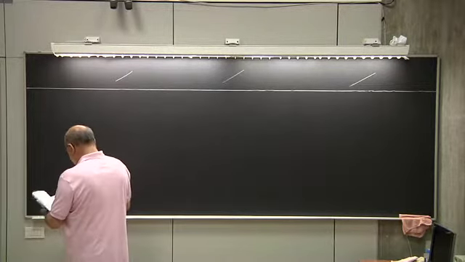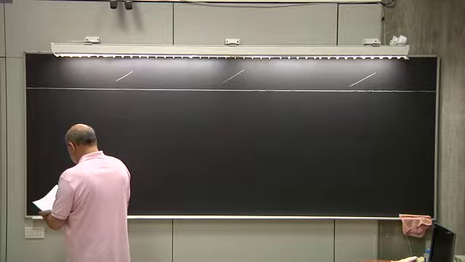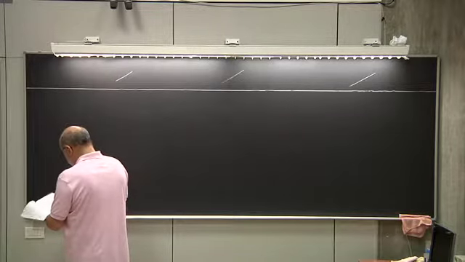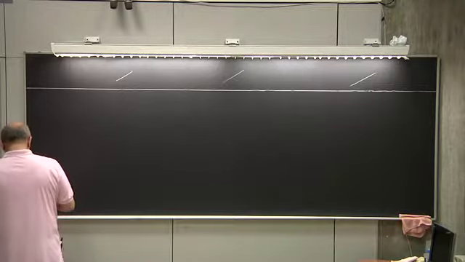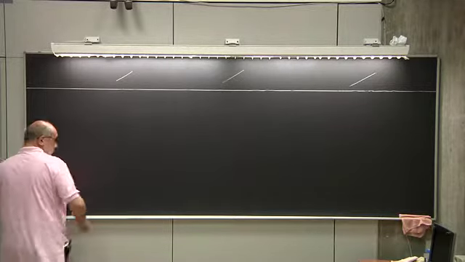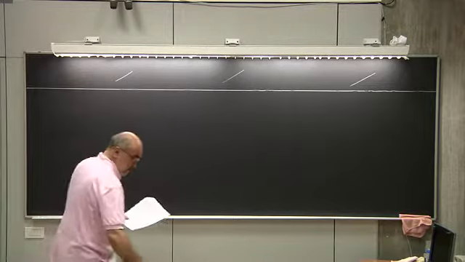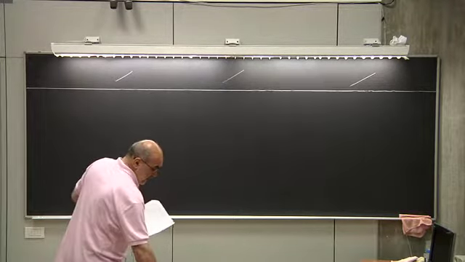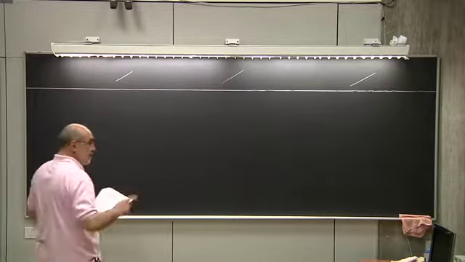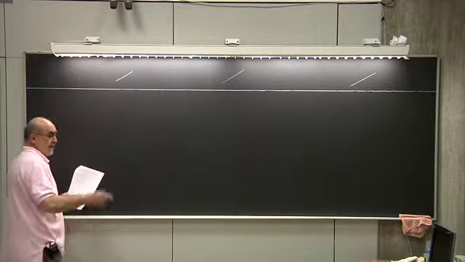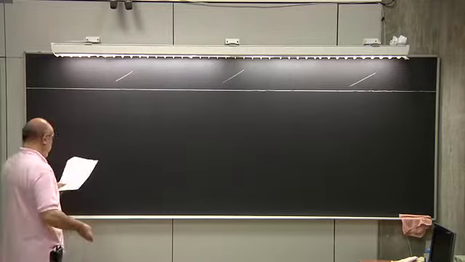Tuesday we got to the full Lorentz group, and we said that the algebra of the generators of the Lorentz group includes the rotation in 3 dimensions and the boost. The boost means the change of frame by a velocity in 3 dimensions.